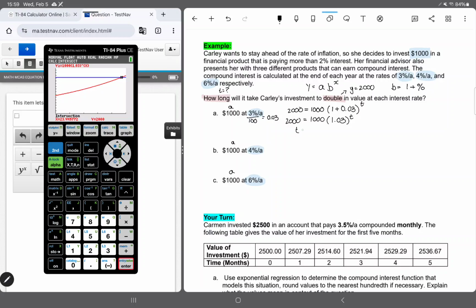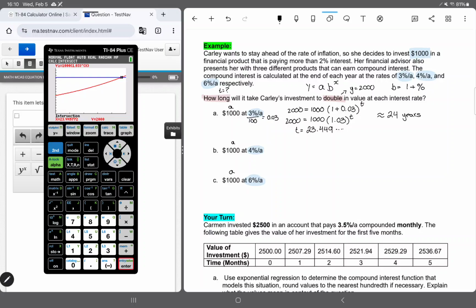So t equals 23.449. So approximately 24 years. Again, 23 years isn't enough. So even though we would mathematically round down, we still have to wait for that 24th year's interest to be dumped in before I will have double.